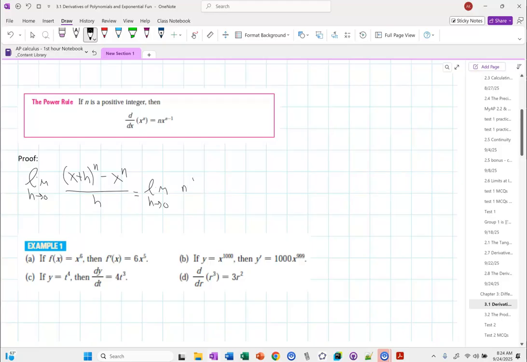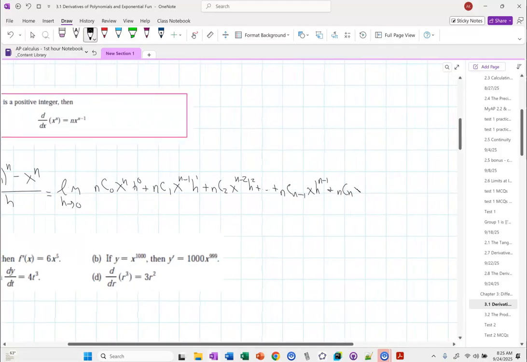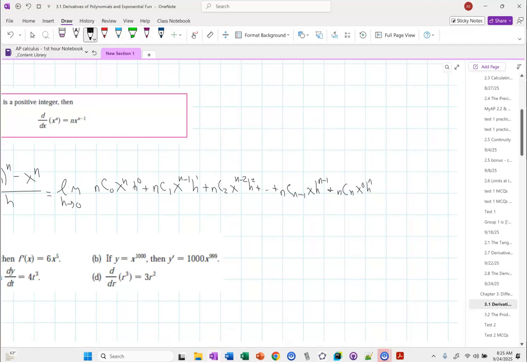So the binomial expansion: nC0, x to the n, h to the 0, plus nC1, x to the n minus 1, h to the first, plus nC2, x to the n minus 2, h to the second, plus ... nC(n minus 1), x to the first, h to the n minus 1, plus nCn, x to the 0, h to the n, and then I have minus that x to the n.